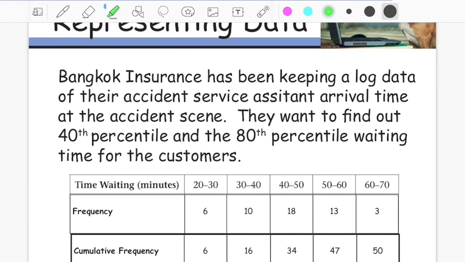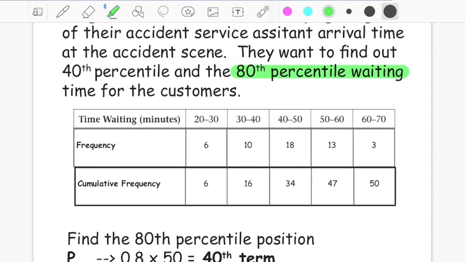The next question says you're supposed to find the 80th percentile. Again, I'm doing the same thing. I'm taking this value, 50, and multiplying with 0.8. So I got the position out. It's on the 48th position. The 48th position is in this class.